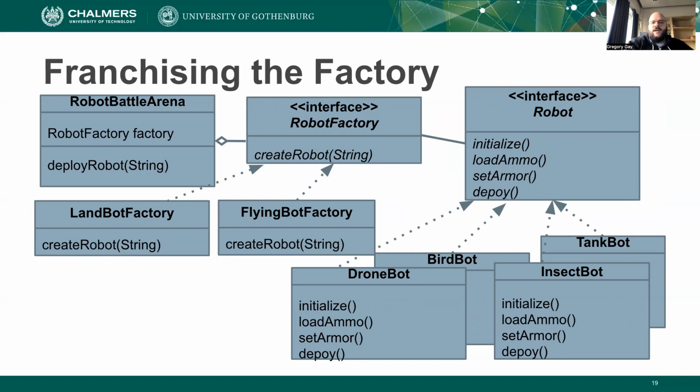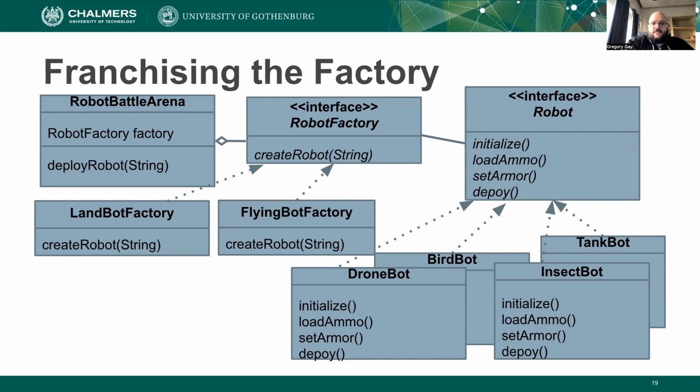In that case, we might not just want one robot factory, but we actually might want separate ones. For instance, some of the details of object creation might differ between land and flying robots. So we might want a land robot factory and a flying robot factory. So we can create sets of factories, each factory responsible for the creation of a subset of our items, our products.